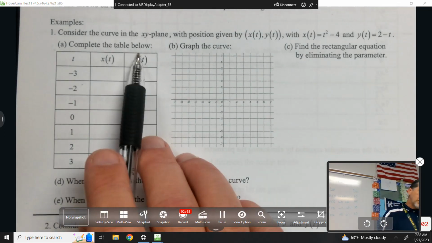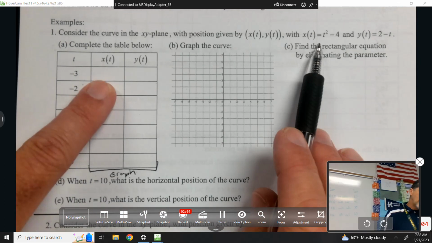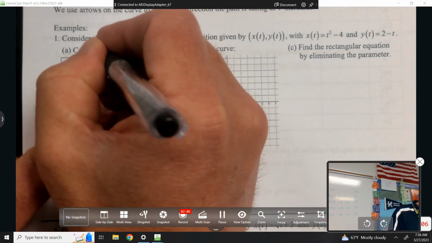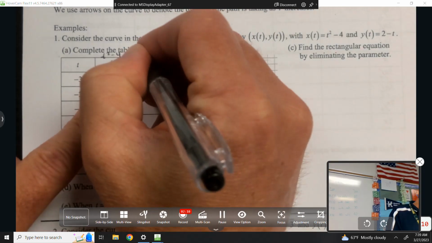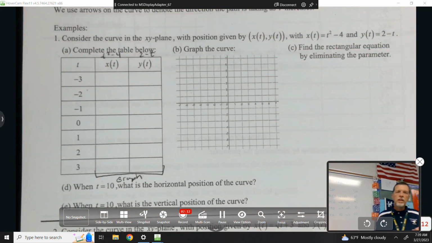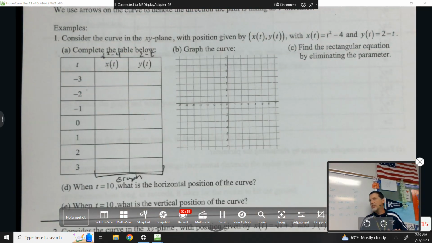So let's complete the table. X of t, they tell us, is t squared minus 4. And y of t is 2 minus t. So at least initially, it's sort of like when you're first learning to graph anything, you just make the table of values, right? You don't really understand what's going on yet, but you just plug in, get some points, put the points on the graph. Same thing here.